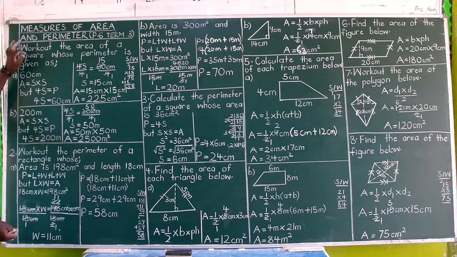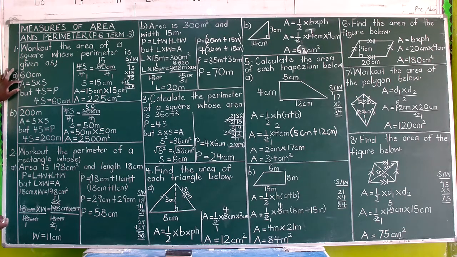So example number 1 reads, work out the area of a square whose perimeter is given as 60 centimeters. You are given perimeter to find the area. So now we see we are talking about a square which has got all sides equal. So it has got distance around which is equivalent to 60 centimeters.